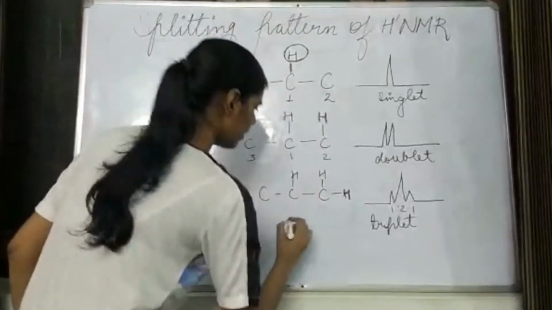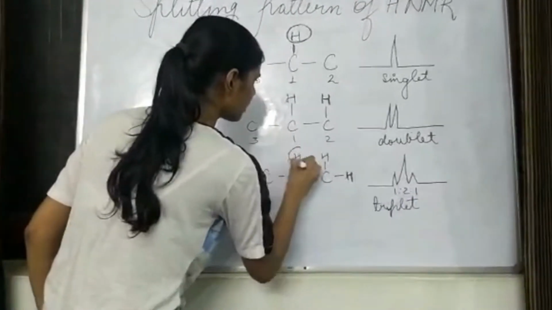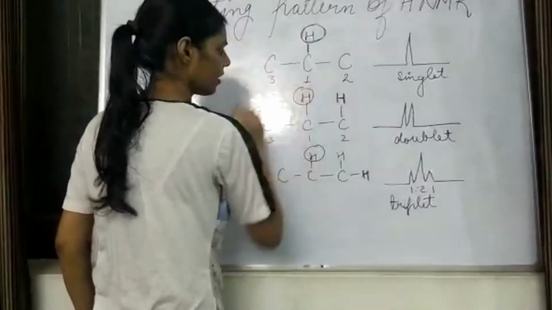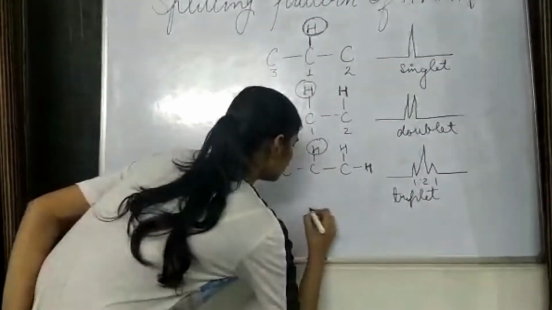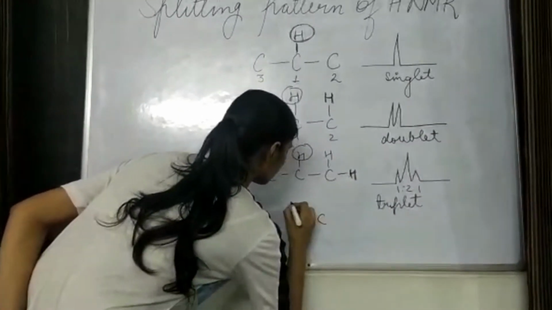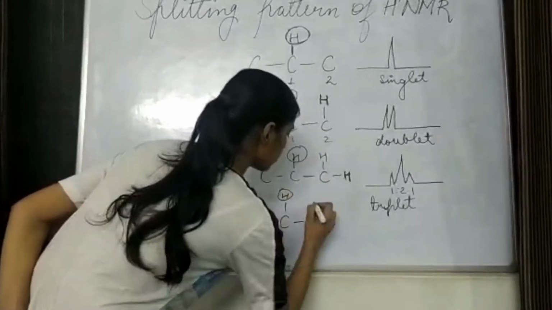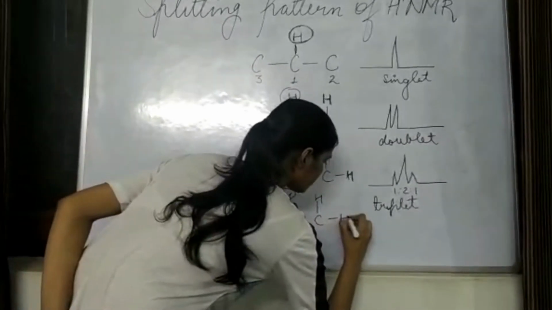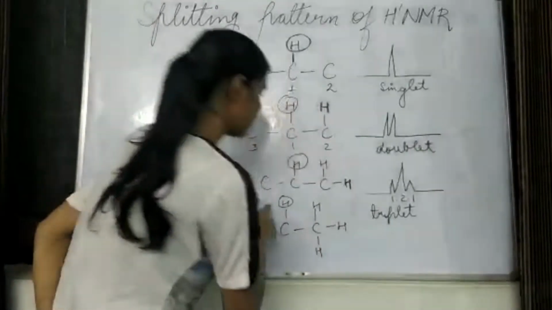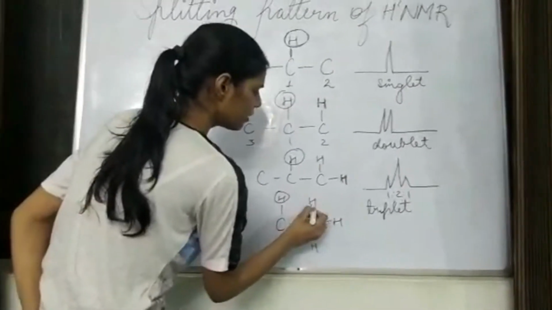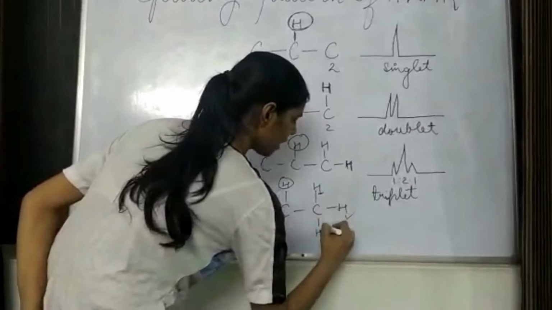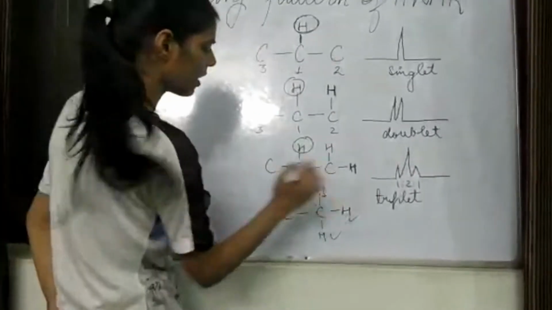And next, we are considering this hydrogen. Now if this hydrogen is surrounded by three hydrogen atoms, then the peak will be split three times, because we have three hydrogen atoms adjacent to this hydrogen.